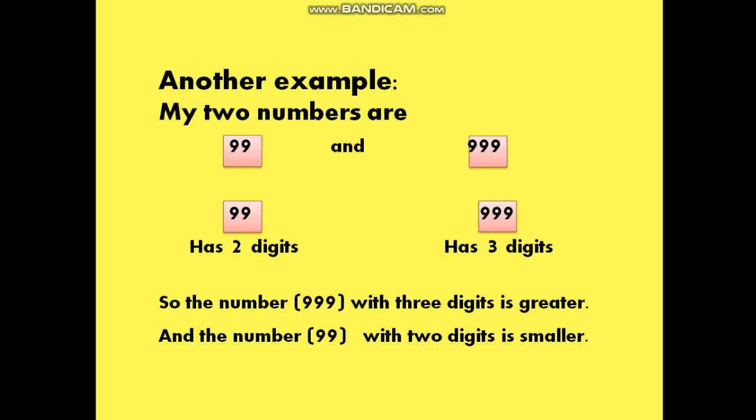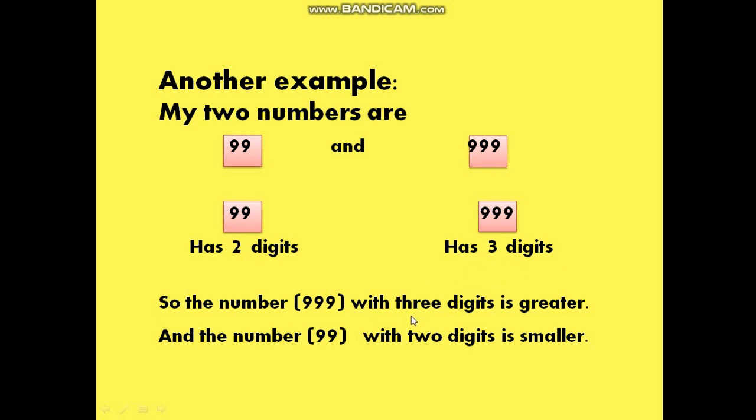Let us take another example. Look at these two numbers. Both start with 9, but one number is 99, which is a two-digit number, whereas the second number is 999, which is a three-digit number.